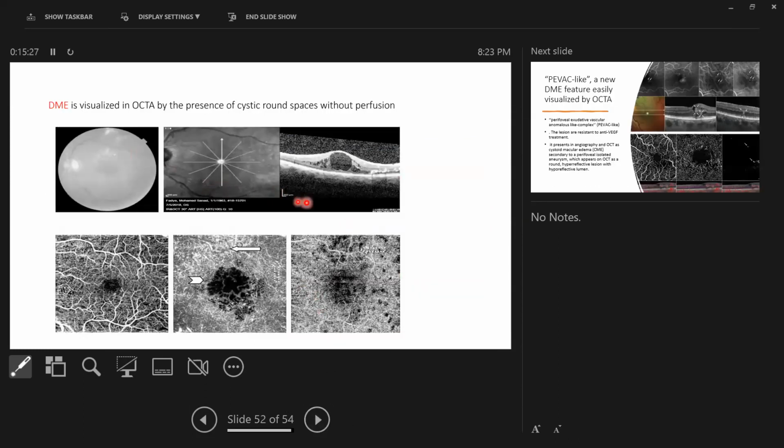So this is again about the OCT angio. This is a patient with cystoid macular edema, and you can see the cyst here. When you do the OCT angio, you can find ischemia here, exactly in the center. Why? Because the cyst will cause pressure on the capillaries and cause capillary dropout.